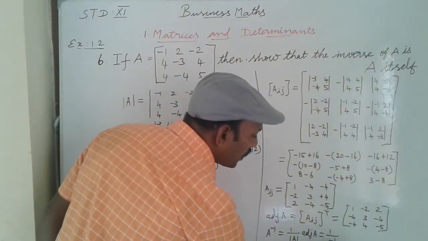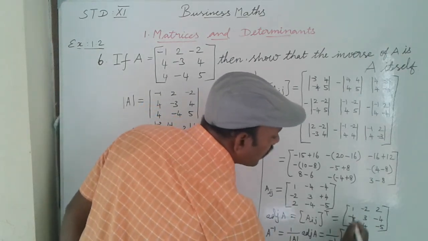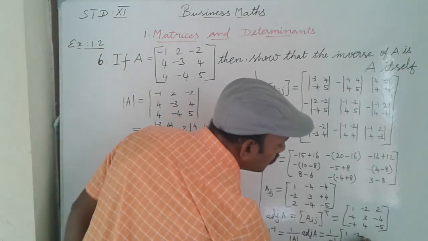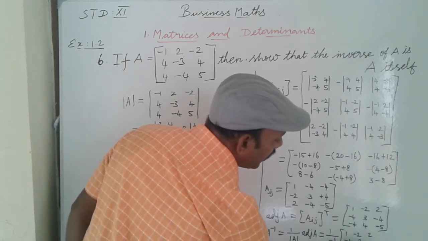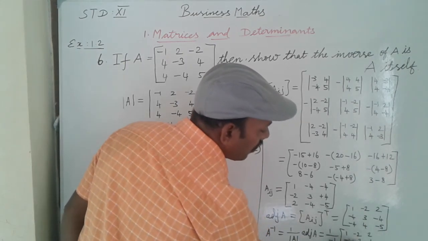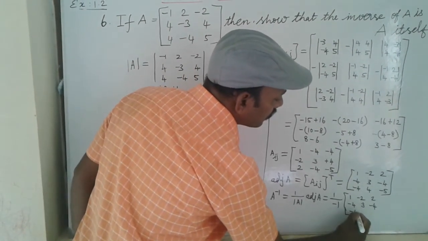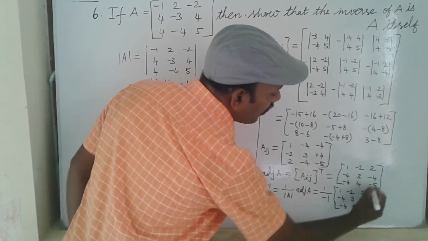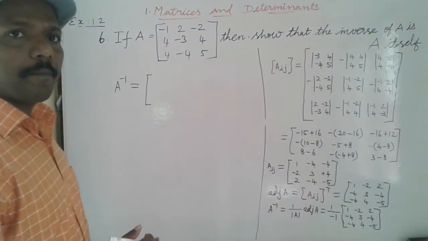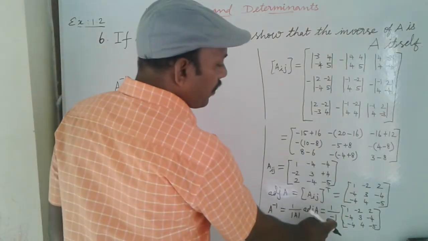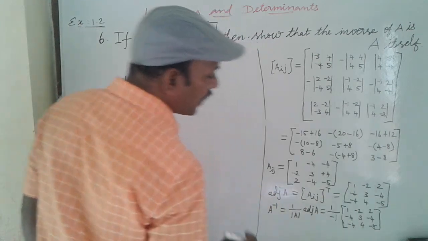Substituting minus 1, the adjoint matrix is 1 minus 2 2, minus 4 3 minus 4, minus 4 4 minus 5. 1 divided by minus 1 is minus 1. We should multiply by minus 1 inside.